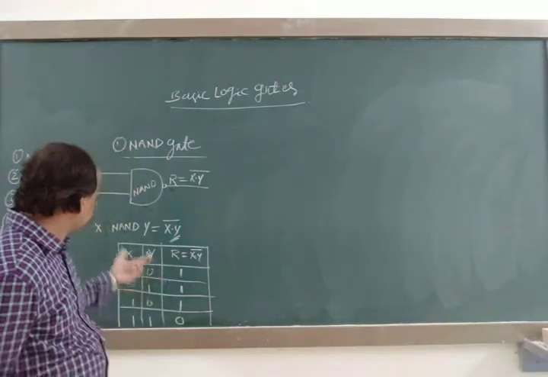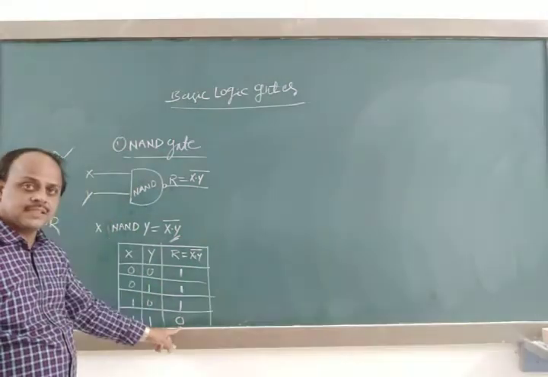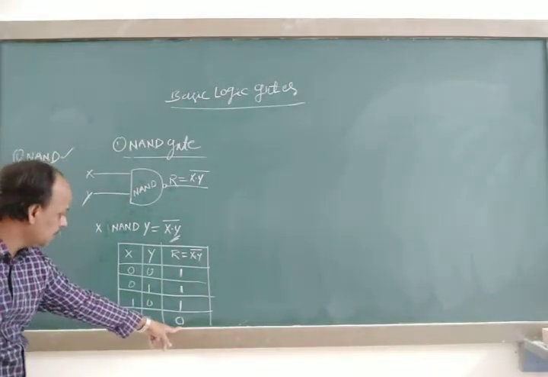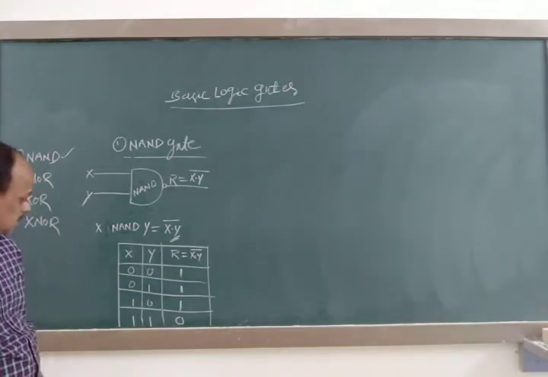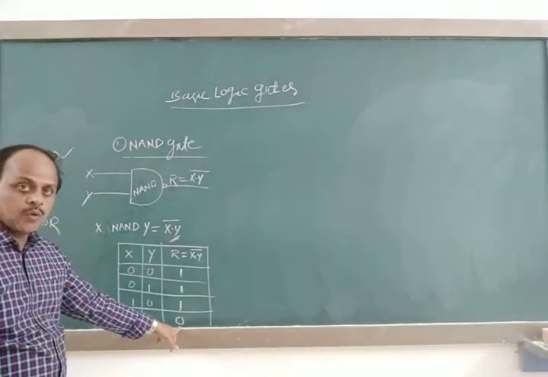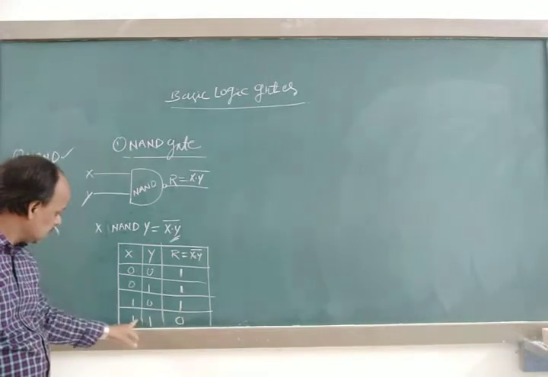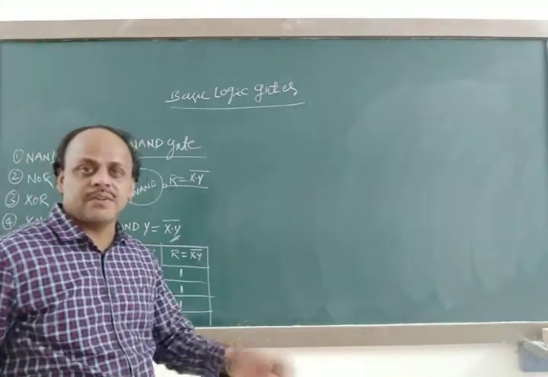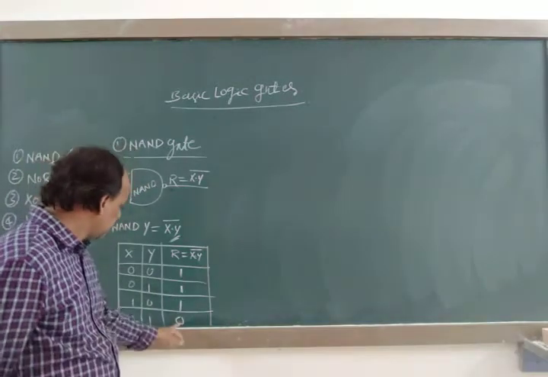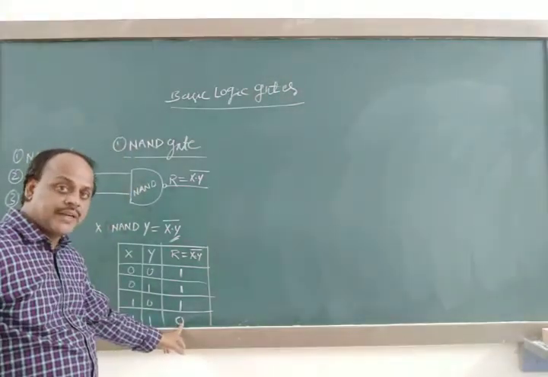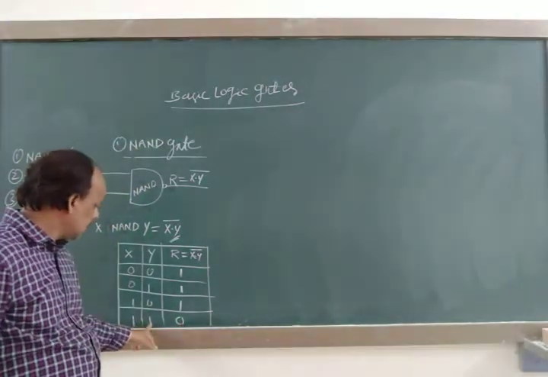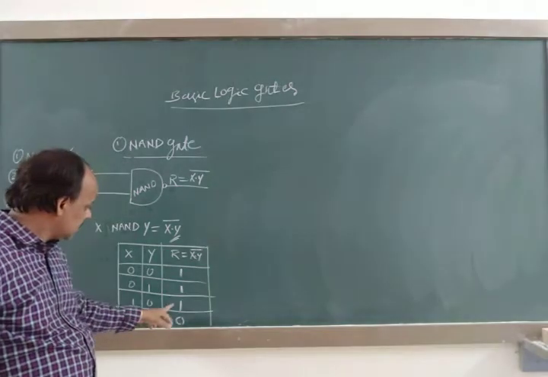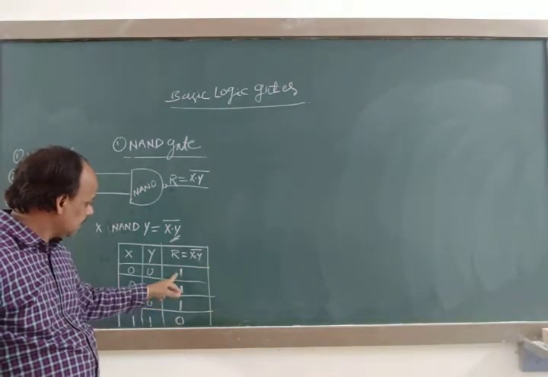So now we can define NAND gate as one of the derived gates: output is low when both the inputs are high. In other cases, output is high. Right?